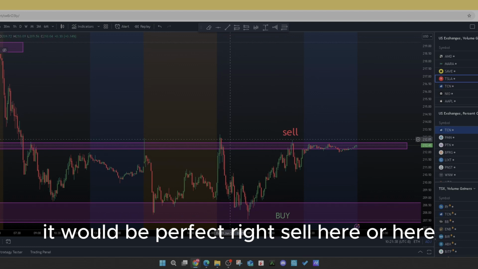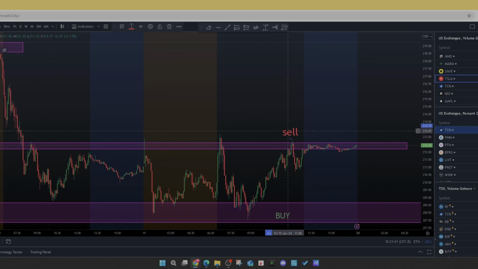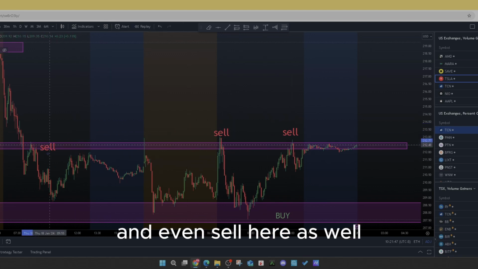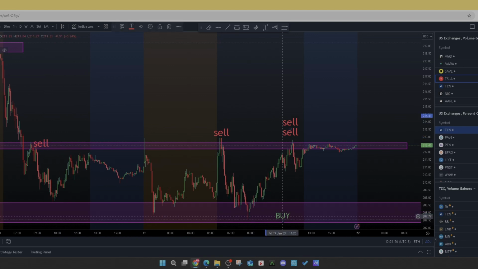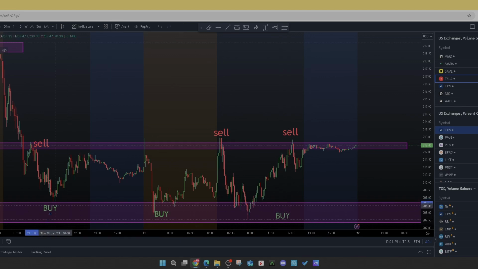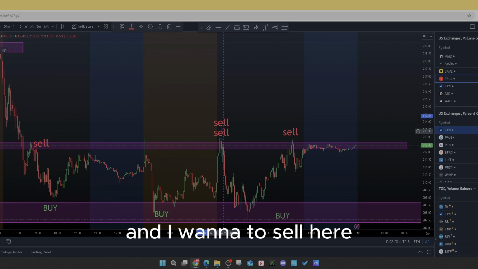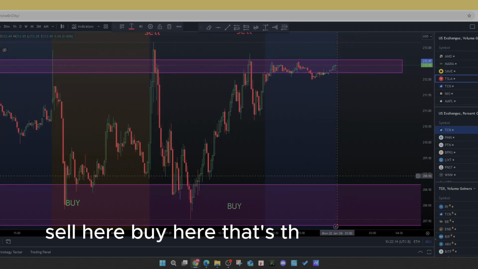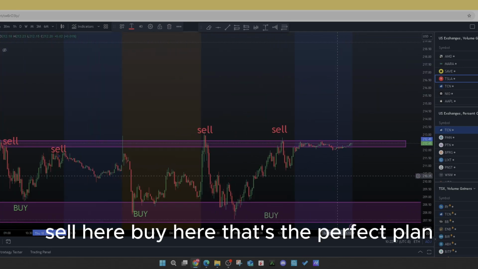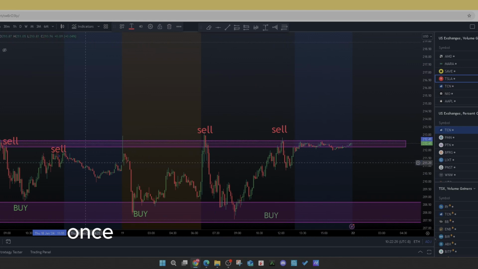Sell here or here, and even sell here as well, and buy here or here or even here. How cool is that? I want to buy here, I want to sell here, and I want to sell here, buy here, sell here, sell here, buy here. That's the perfect plan. Considering this area is resistance, once it's broken, it becomes support.